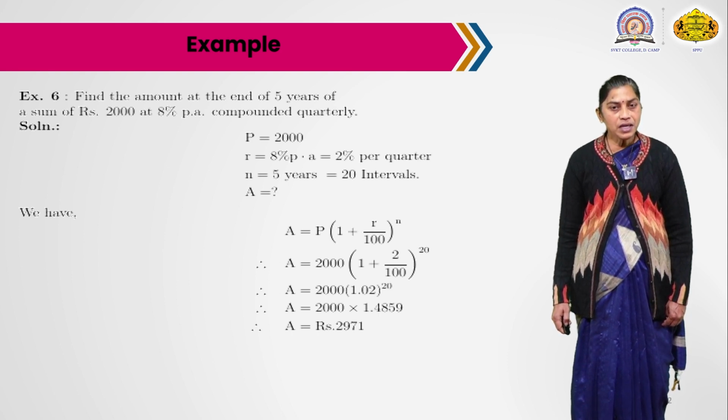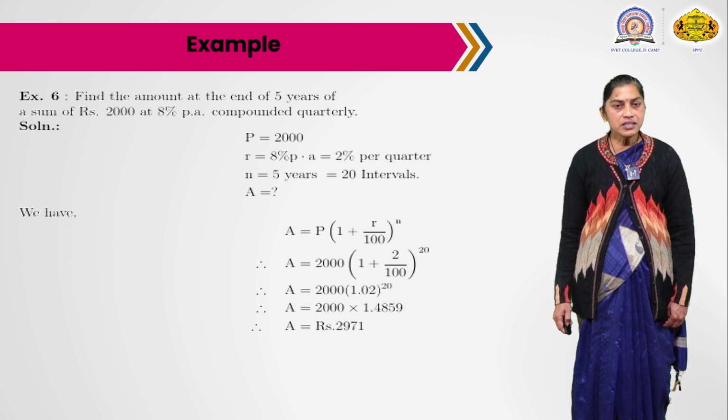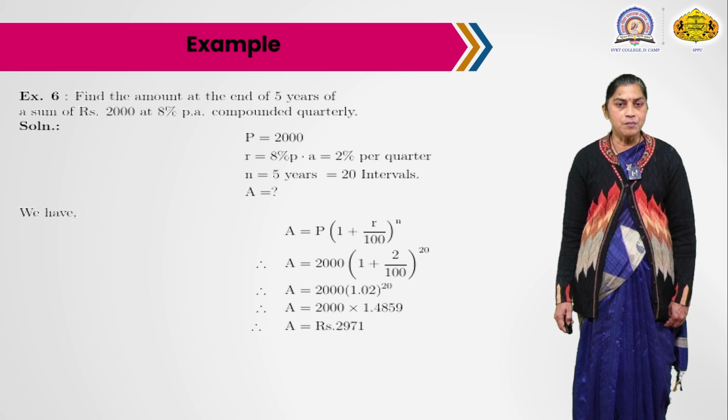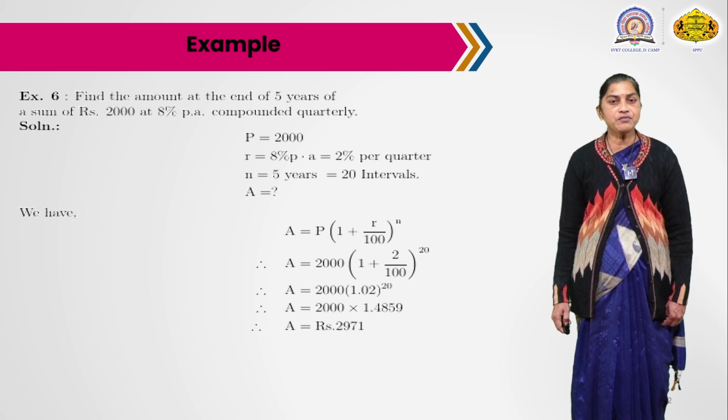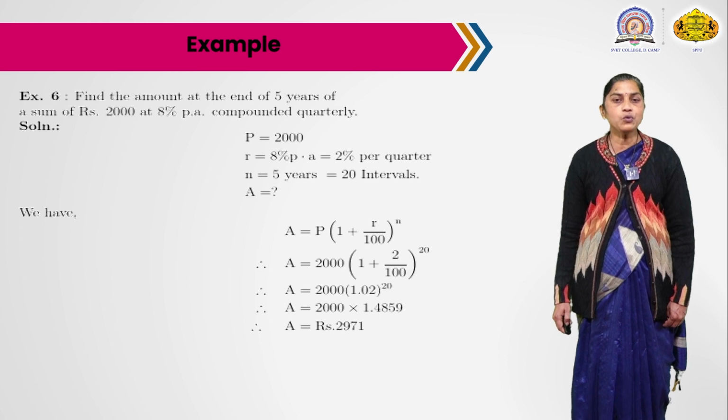So, here P is 2000, R is 8% per annum, and because it is compounded quarterly, we have to divide by 4. So 8 by 4 is 2, and therefore R comes to be 2% per quarter. Similarly, n is given to be 5 years, but because it is compounded quarterly, n comes to be 5 into 4, that is 20. So here P is 2000, R is 2% per quarter and n is 20 intervals.